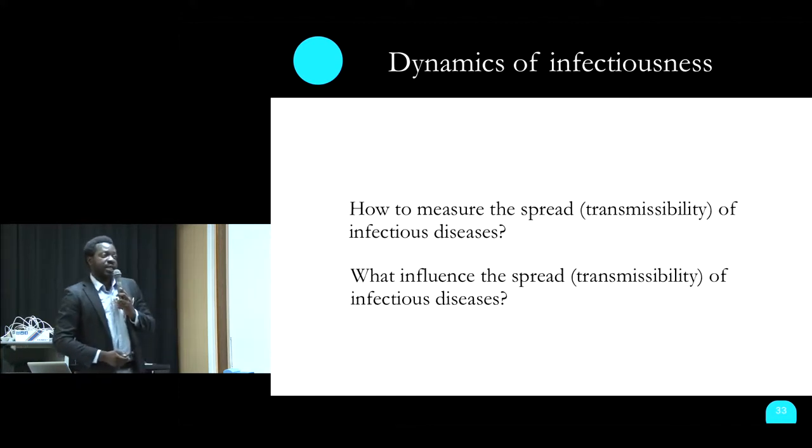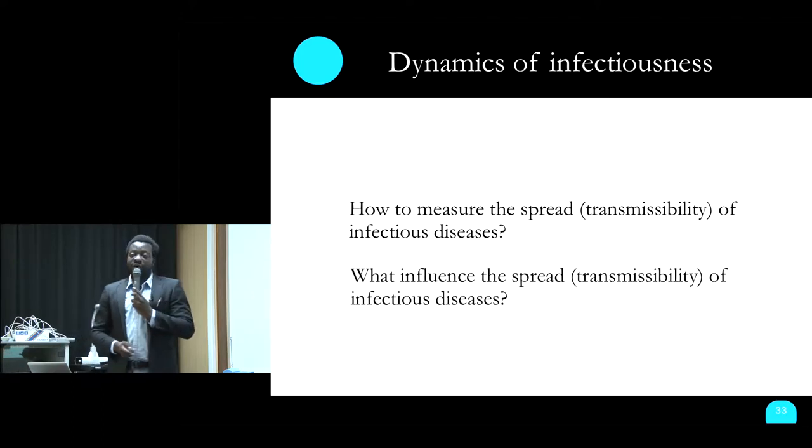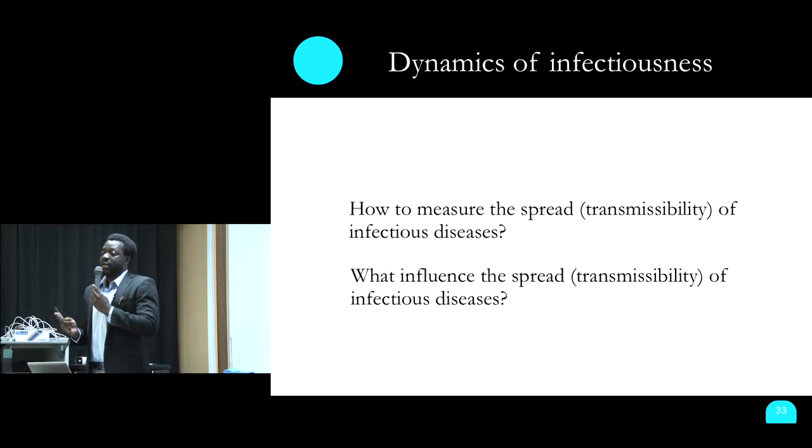So the question is how to measure the spread or the transmissibility of infectious diseases, and what influences the spread or the transmissibility of infectious diseases. We have seen two factors already. We have seen the generation time, mostly estimated by the serial interval.